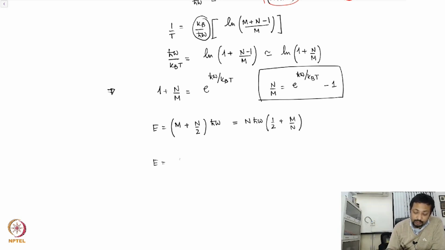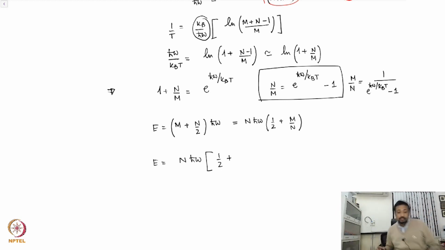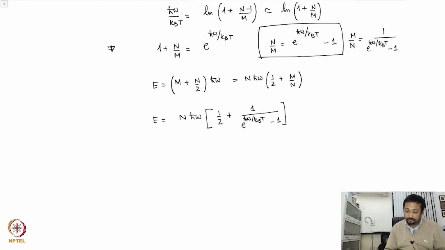So that the energy is n h bar omega times half plus m by n, which follows from this equation, is 1 over e to the power h bar omega over kBT minus 1. So that I have 1 over e to the power h bar omega over kBT minus 1. Right?